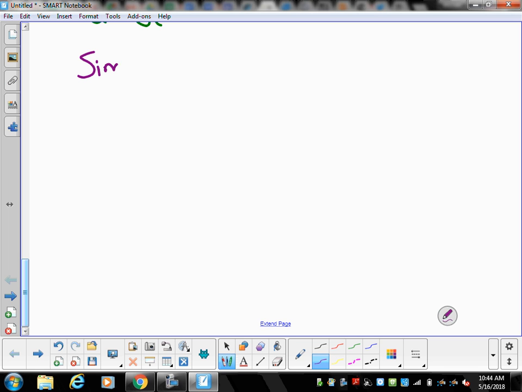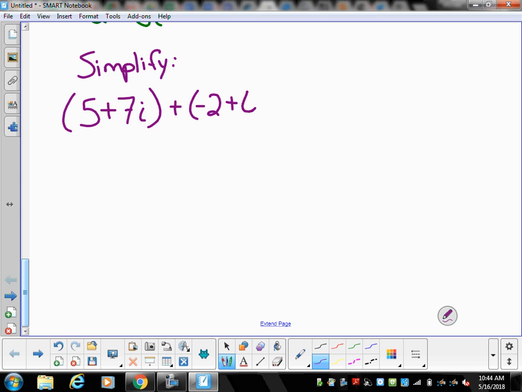Again, we're going to simplify, because that's the direction we do a lot right now. I want you to simplify the sum of those two complex numbers: 5 plus 7i plus -2 plus 6i.